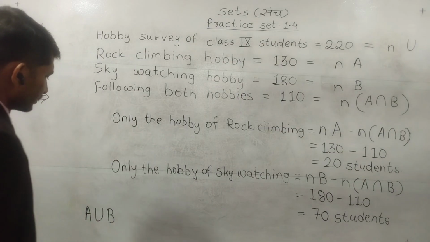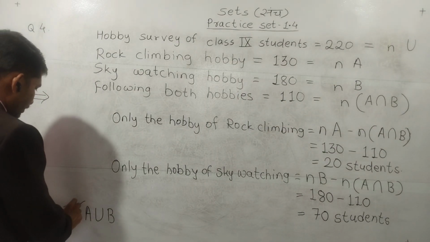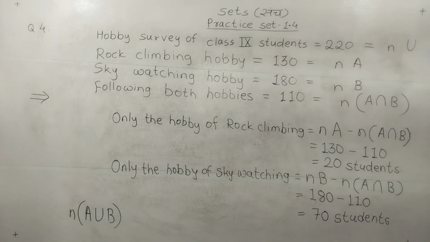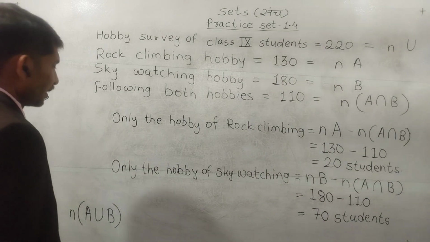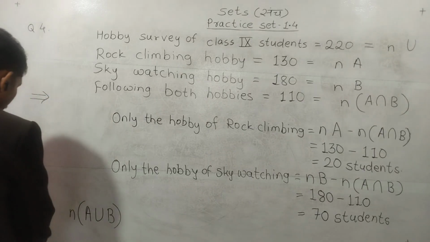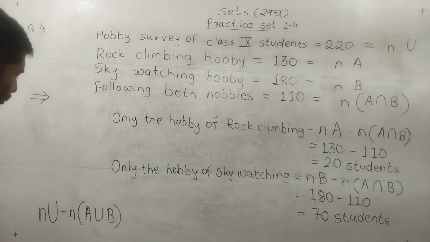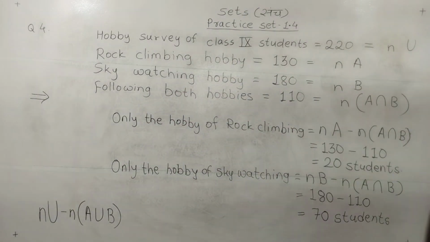A union B, number of elements from set A union B, and after that we have to subtract it from number of elements from set U. Means that we have to subtract the students who are having both hobbies, and then we have to subtract it from universal set, that is hobby survey of class 9 students.